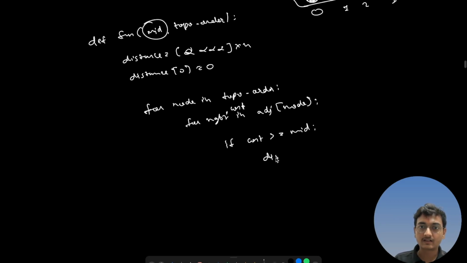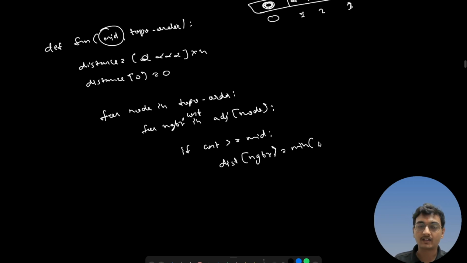So distance of neighbor equals the minimum of distance of node plus this cost, comma, distance of neighbor. If I have a better option, then only I will update. If distance of neighbor already contains something smaller, then I will not update; otherwise I will update.